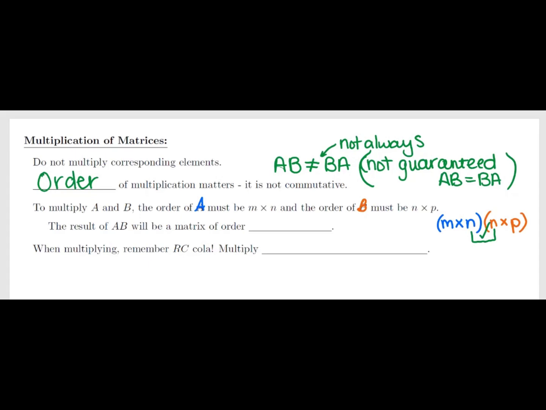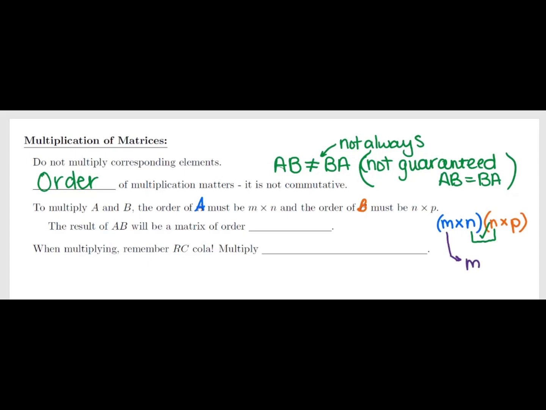So the number of columns in A has to equal the number of rows in B. Otherwise, just put the dimensions right next to each other and see if the middle two line up. If they don't line up, you can't do the multiplication. But if they do line up, they are the same.